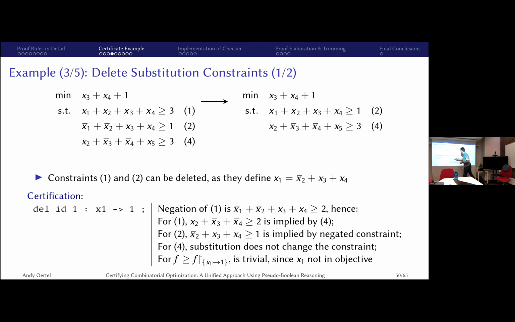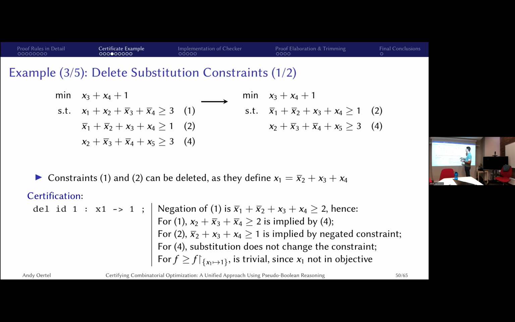So this deletion first introduces the negation of the deleted constraint. Then we go through the obligations, the conclusions that we want to get on the right-hand side of our derivation. We have the first constraint, and under the substitution, we're setting x1 to 1. We get constant 1 here, which moves to the right-hand side.